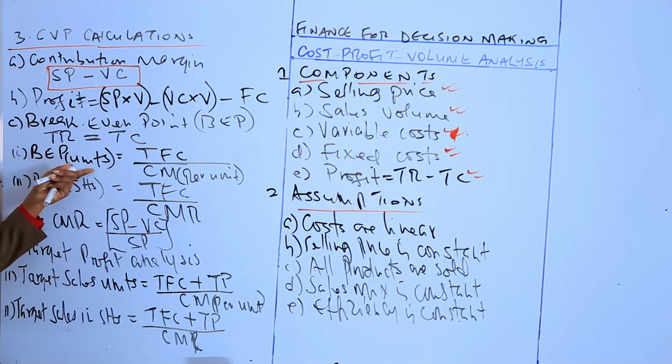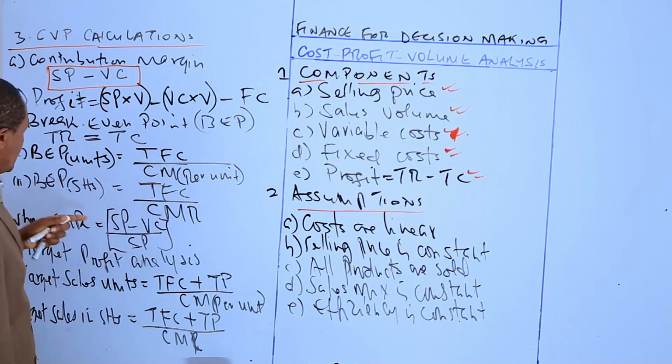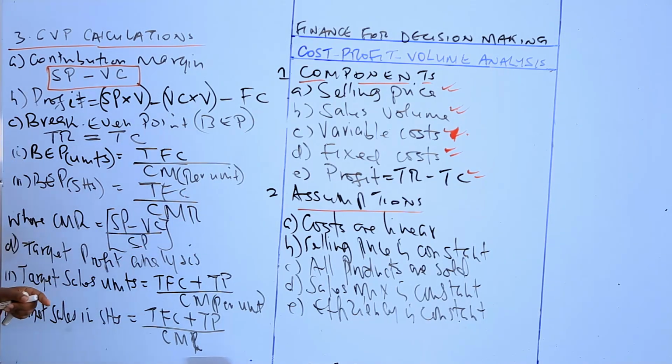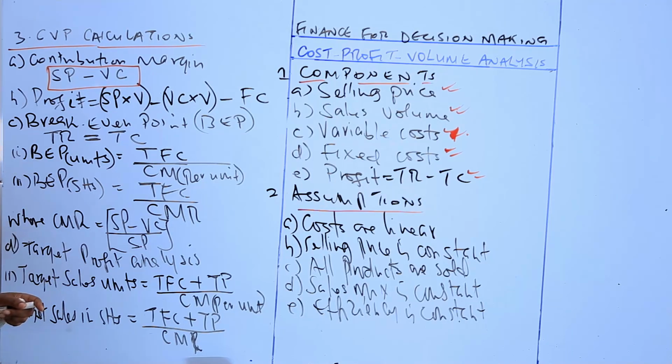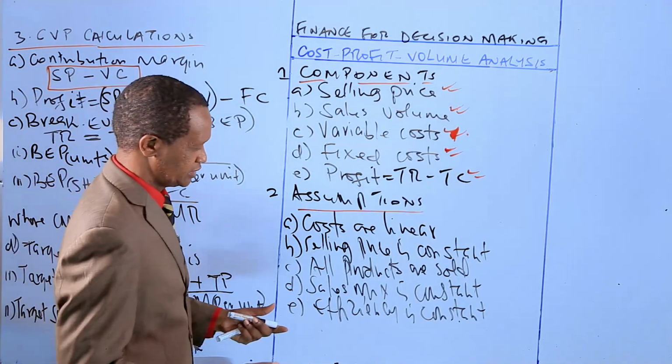To get the break-even point in units, we take the total fixed cost divided by the contribution per unit. Then break-even point in shillings will be equal to the total fixed cost divided by the contribution margin ratio, where contribution margin ratio is equal to the selling price per unit minus variable cost per unit divided by selling price per unit. Then we have the target profit analysis, which we can determine the target sales units or the target sales. So these are the formulas that we may use in the cost volume profit analysis.